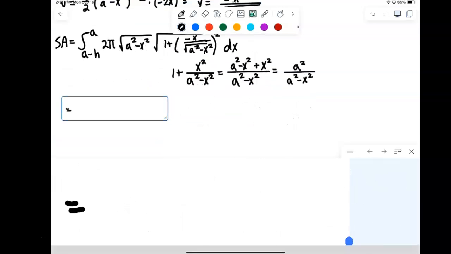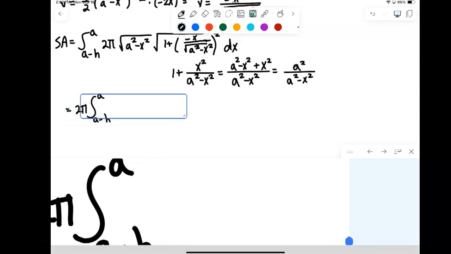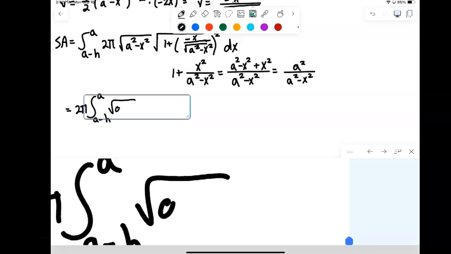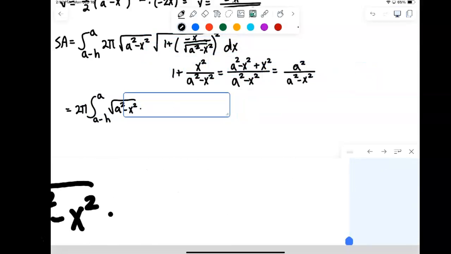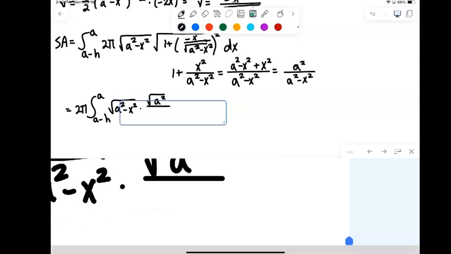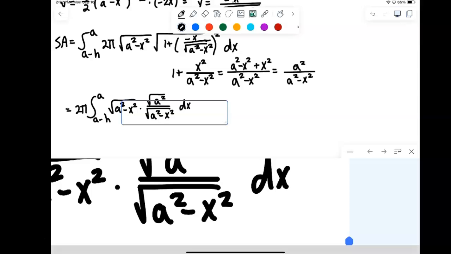So bring my 2 pi out front, 2 pi integral from a minus h to a of square root of a squared minus x squared times, and again the second square root is going to distribute, so I'm going to have square root of a squared over square root of a squared minus x squared dx.